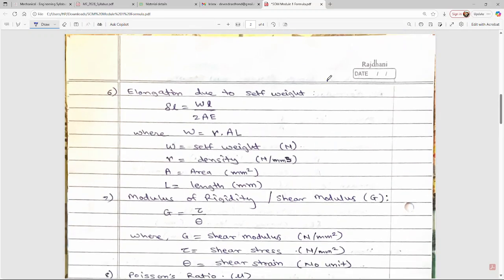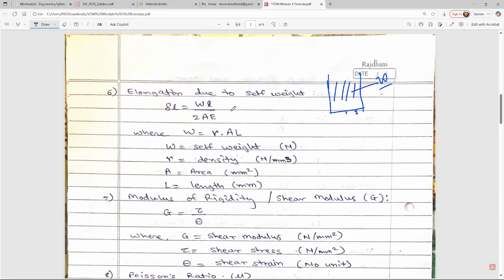So suppose the material is hanging, with no load applied on it. Due to its self weight, it also elongates by some distance.